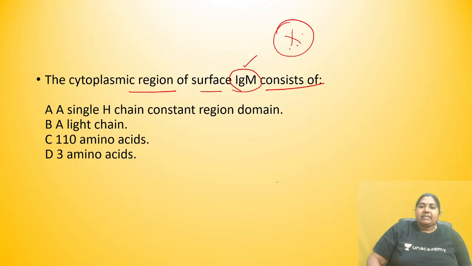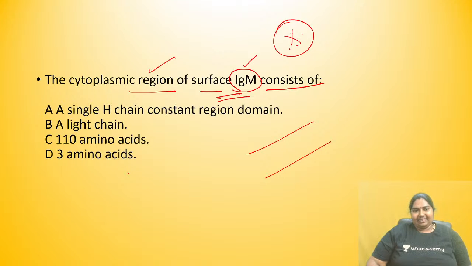See here, just now we saw there are two regions: the membrane, the cytoplasmic, then the organelles. Now the cytoplasmic region of this surface IgM will contain a single H chain constant region, or a light chain, or 110 amino acids, or only 3 amino acids.